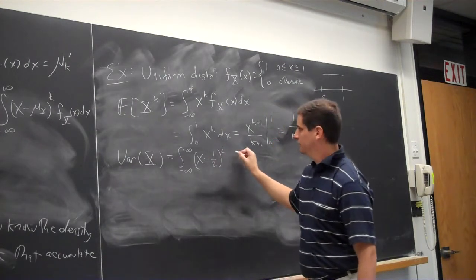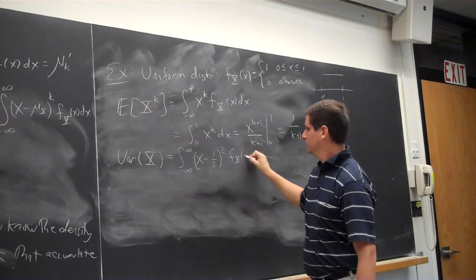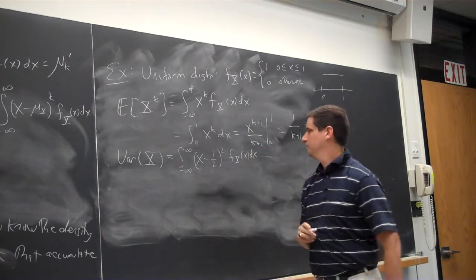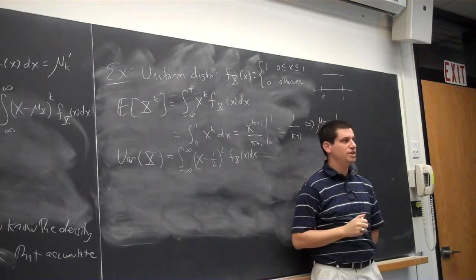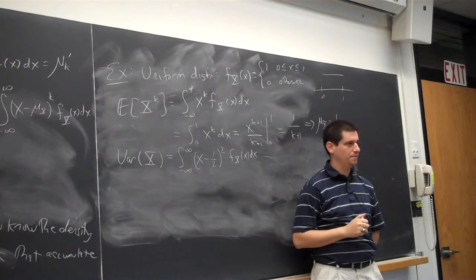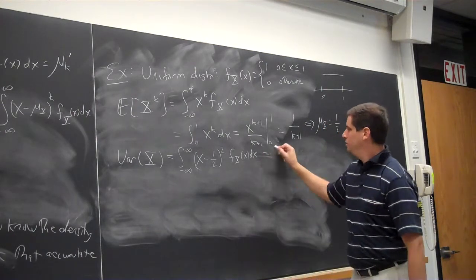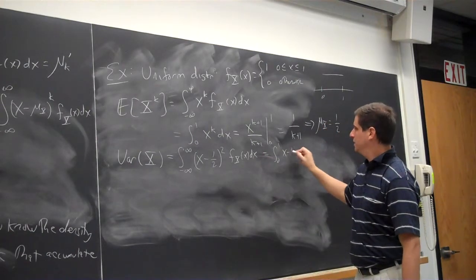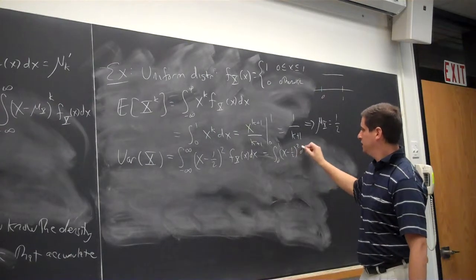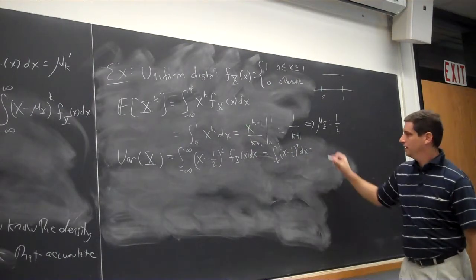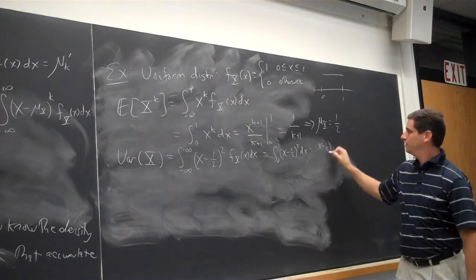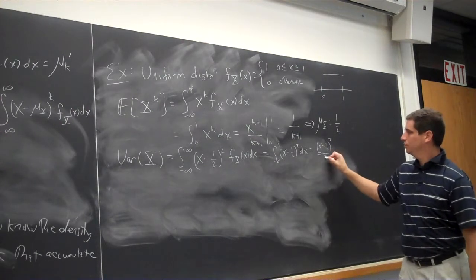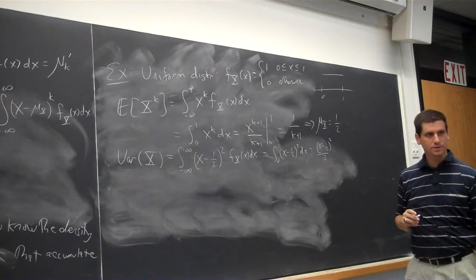Perfect. Times f_X of x dx. And so we would just actually have to evaluate this integral. Here we'll be integrating from 0 to 1, x minus 1/2 squared dx. I think it's x minus 1/2 cubed over 3. Is that right?